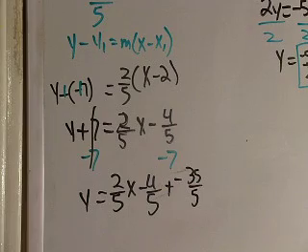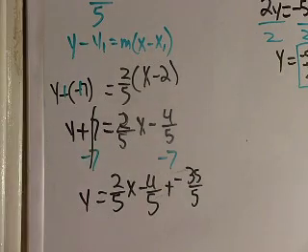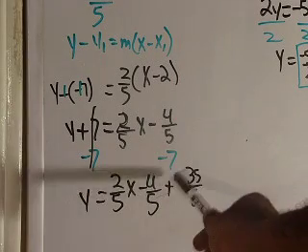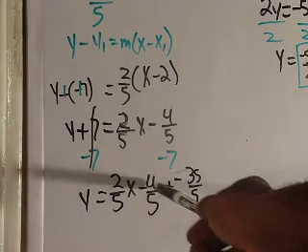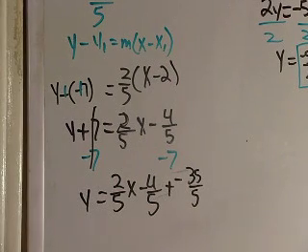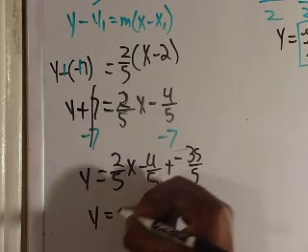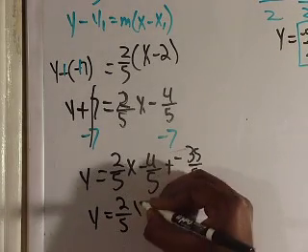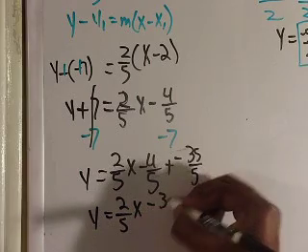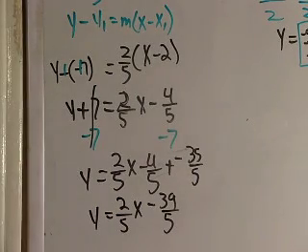So how come it's negative 35 over 5? Well, what's 35 divided by 5? 7. So it's the same thing. And we needed 5 on the bottom so we can add these two together. So negative 4 plus negative 35, what does that give you? Negative 39, so negative 39 over 5.